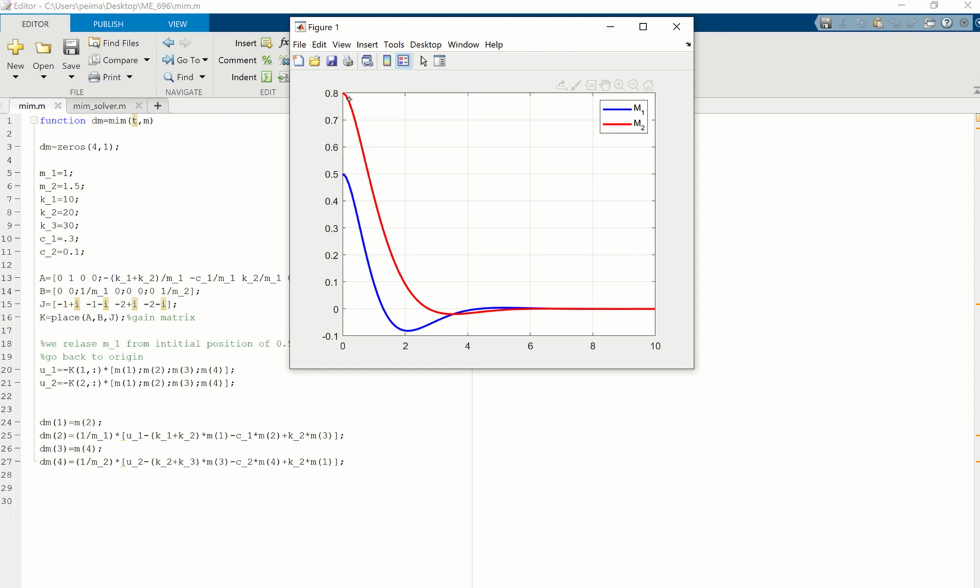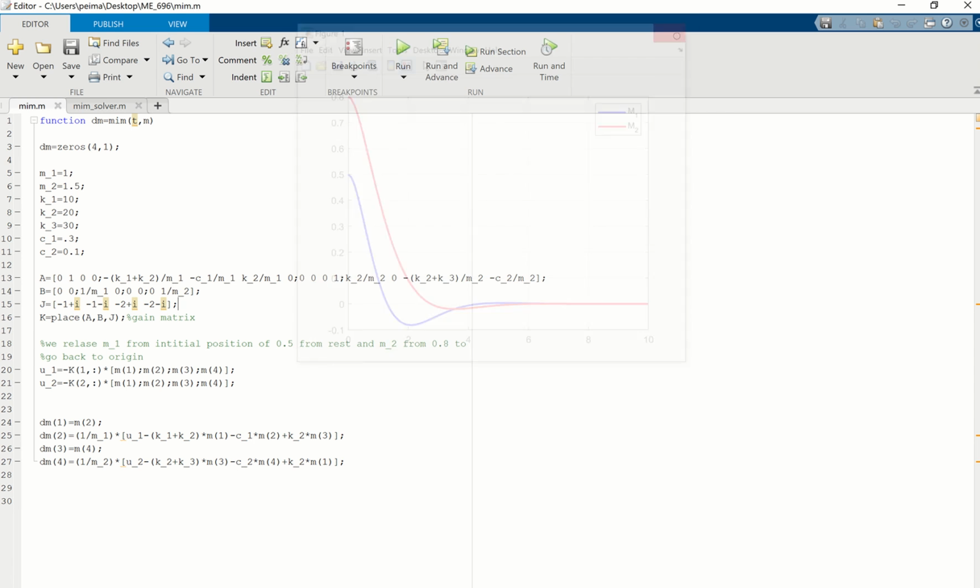So here we go, and that's why you get this. See, starting from 0.8 for mass 2, and the 0.5 goes to 0, to the origin. This is, as I taught you several times, when we want to push our system to the origin. But the problem is that you have to show your boss, for judgment of your design, a proper and feasible control input to the system.